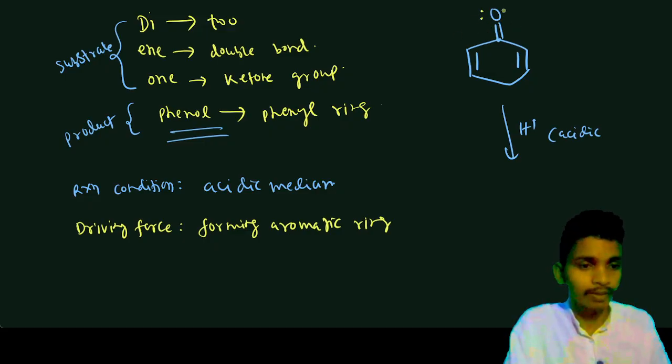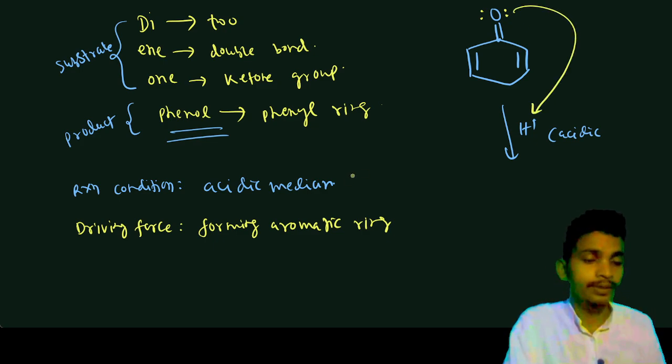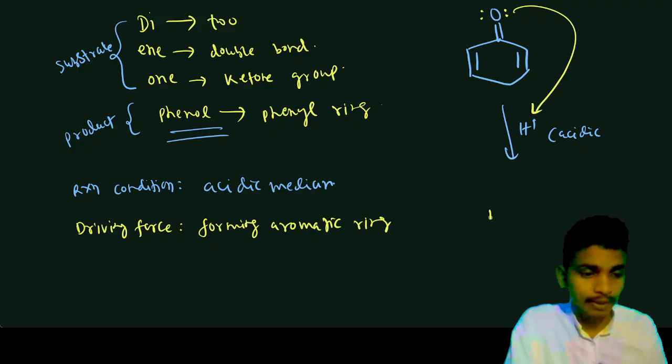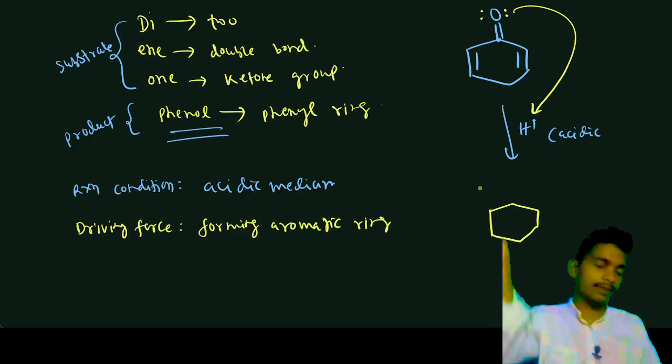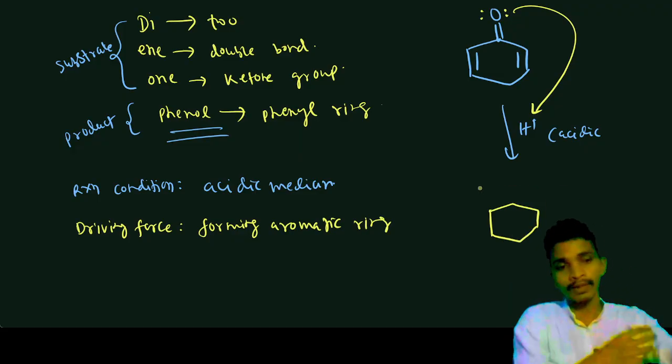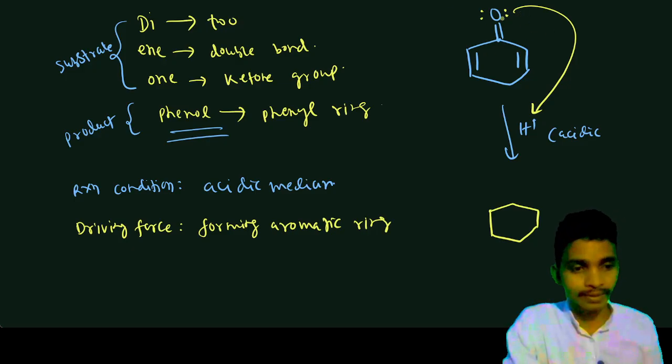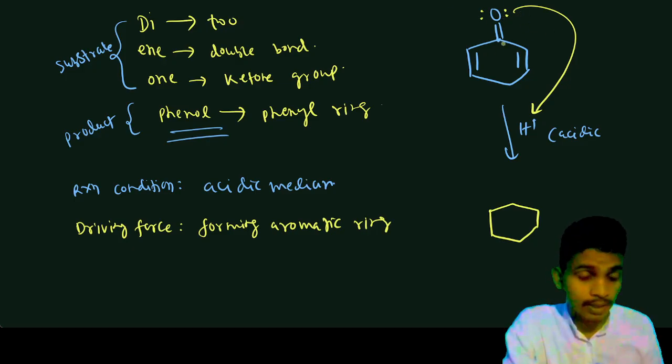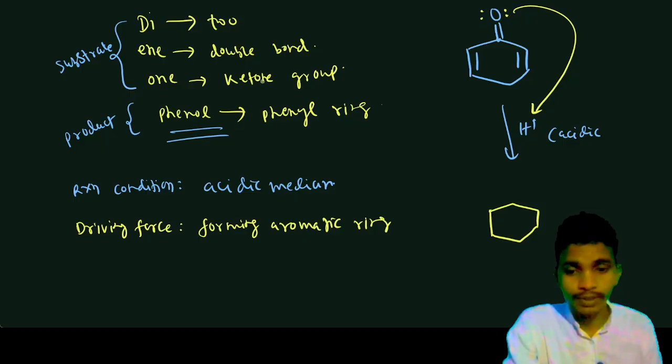Here we have lone pair electrons, and these lone pair electrons attack the H plus. The important thing in this reaction is remembering the substrate: a ketone group in the middle, with two adjacent double bonds in conjugation with the ketone group. Then this dienone-phenol rearrangement will always happen.